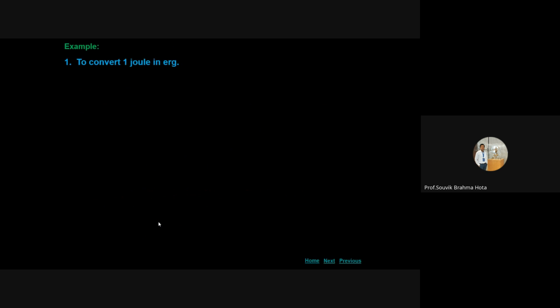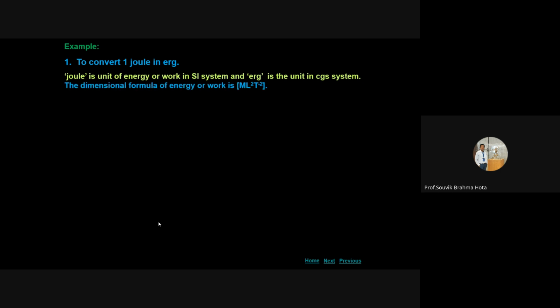Example: to convert 1 joule to erg. Joule is the unit of energy or work in the SI system, erg is the unit in the CGS system. The dimensional formula for energy or work is M L square T to the power minus 2.